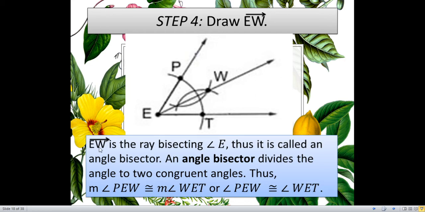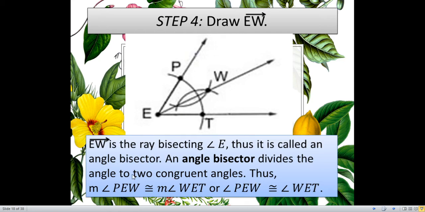So, ray EW is the ray bisecting angle E. Thus, it is called an angle bisector. And if you have a midpoint for a line segment, here we have a ray, and it is called an angle bisector. It also means the same, but this time you divide the angle into two congruent angles, or two equal angles.